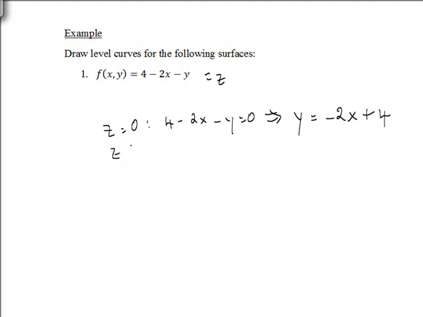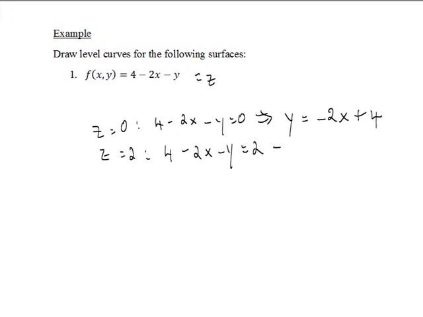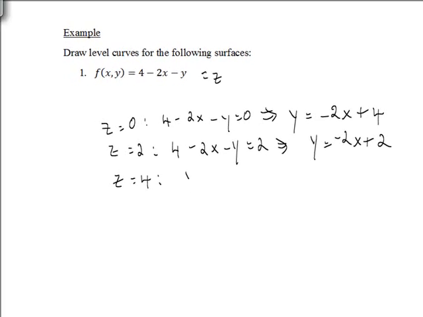Z equals 2: 4 minus 2x minus y equals 2, we have y equals minus 2x plus 2. Do the same thing with z equals 4. That gives us y equals minus 2x. And just let me go up to z equals minus 2. Substitute, that gives us y equals minus 2x plus 6.